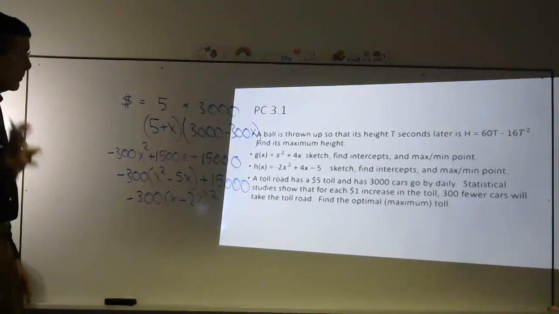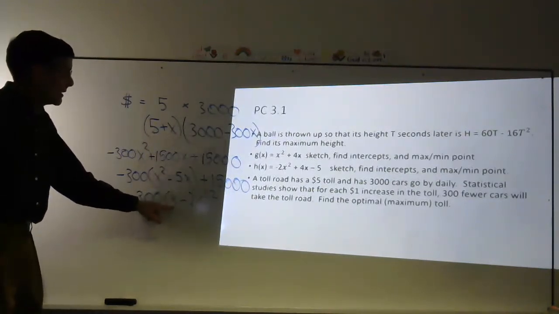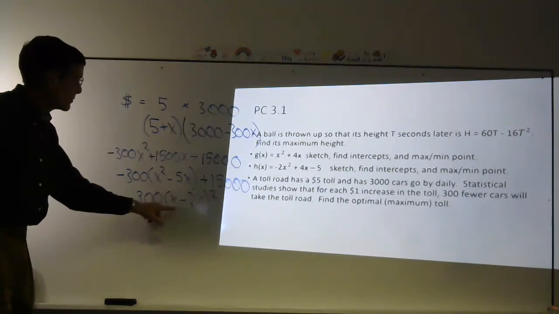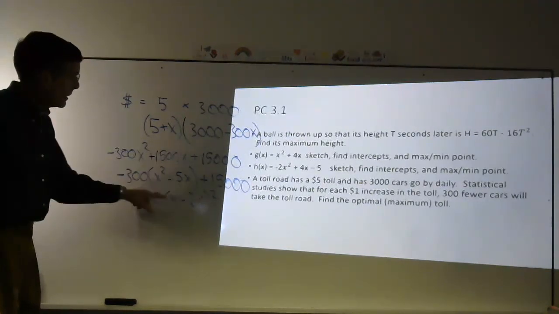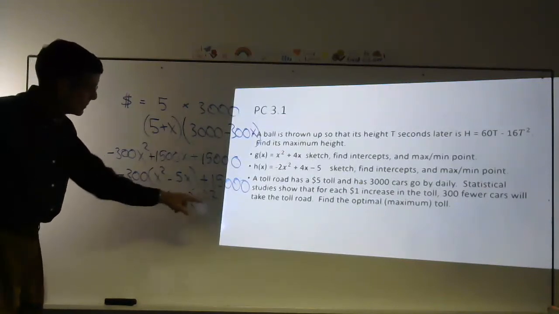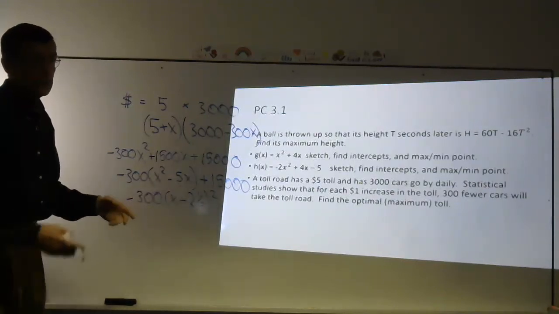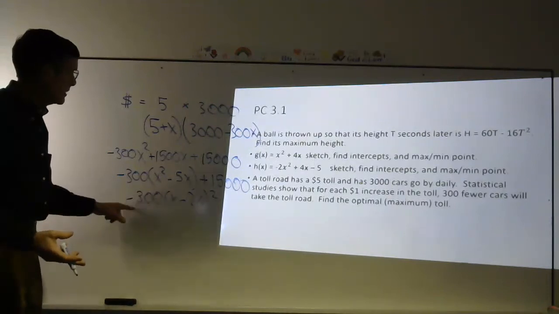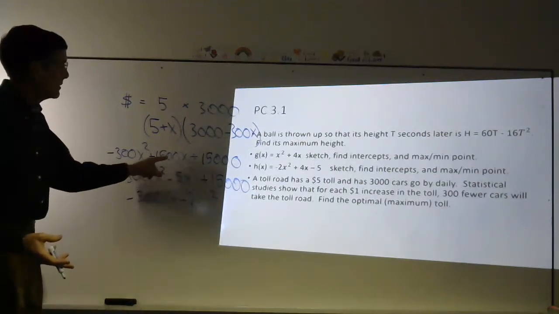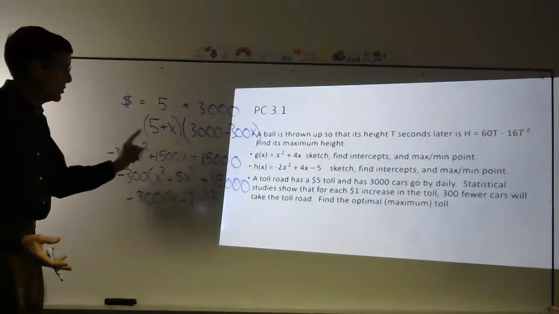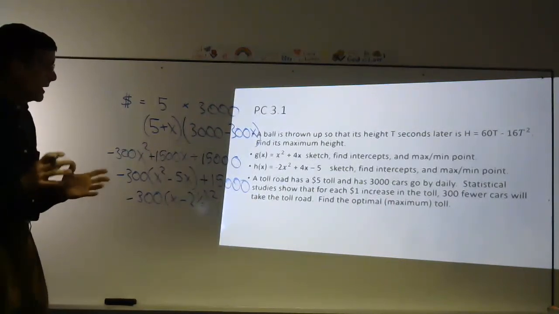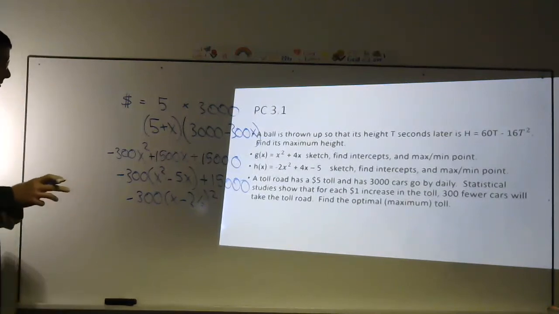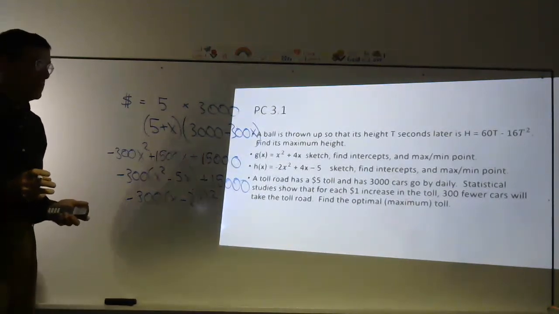Check your work. X times x, when you square it, is x squared, times negative 300 is negative 300x squared. Negative 2½ on the outers, negative 2½ on the inners is a negative 5x, times a negative 300 is a positive 1,500x. Checks. Now, negative 2½ times negative 2½ is a positive 6 1/4.